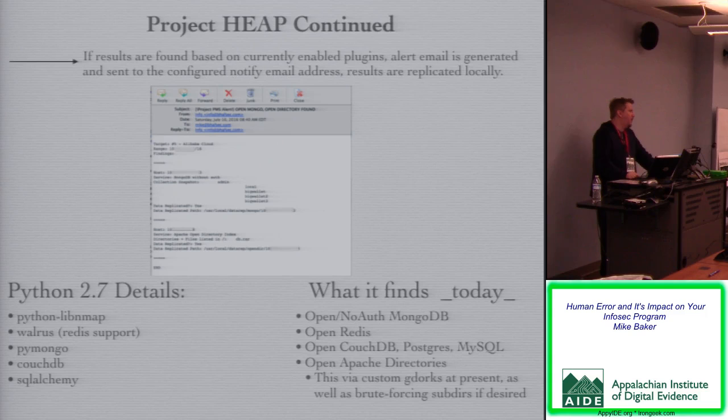So for any open Mongo instances or open Redis instances or Apache, anything that it found, I configured it to replicate all of the findings locally, so it could reference back for bug reporting purposes.